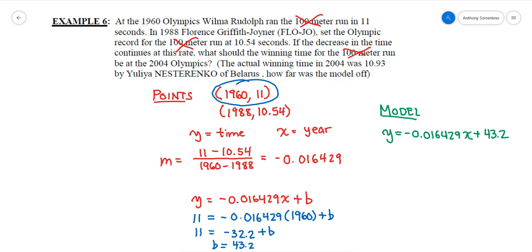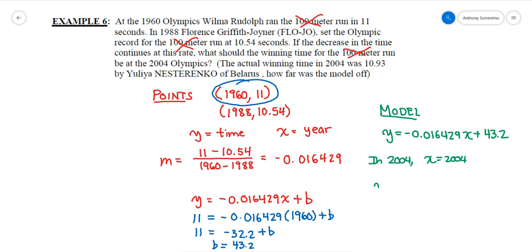Now I have a formula. Now I can predict what happens in 2004. So in 2004, and the way I set this up is I let x be 2004. If you accounted for 1960 being the first one and you let that become your x equals 0, please make sure you're consistent with that.